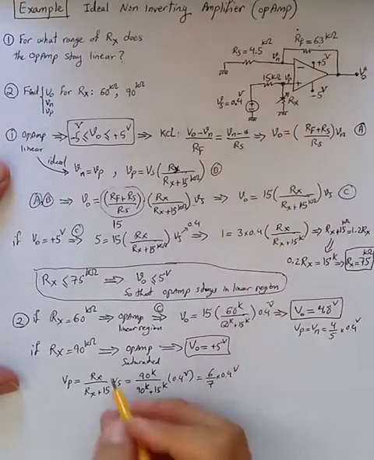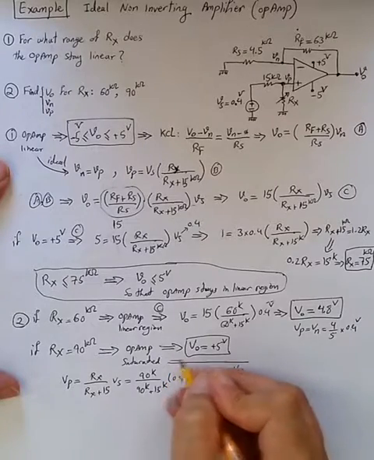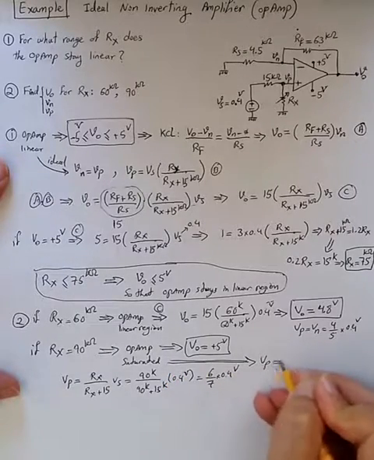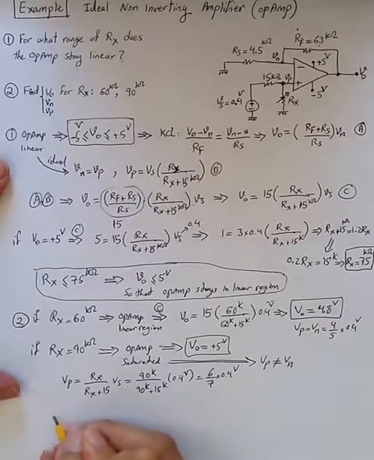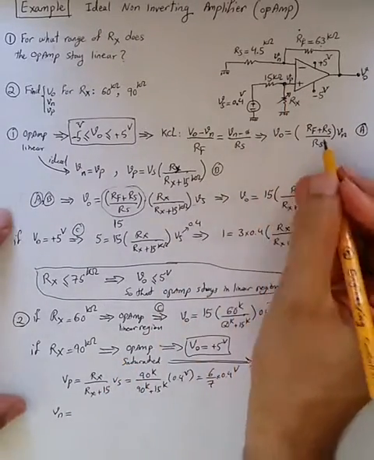But for Vn, now the op-amp is saturated. Because of saturation, we know Vp is no longer equal to Vn. Vn needs to be found through the KCL, as we discussed before.